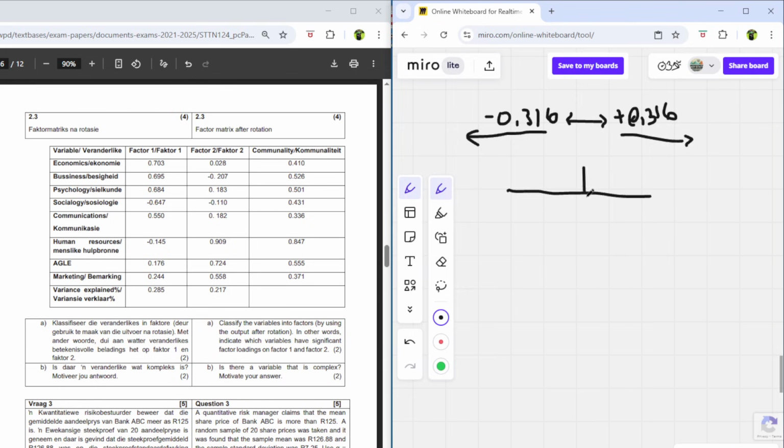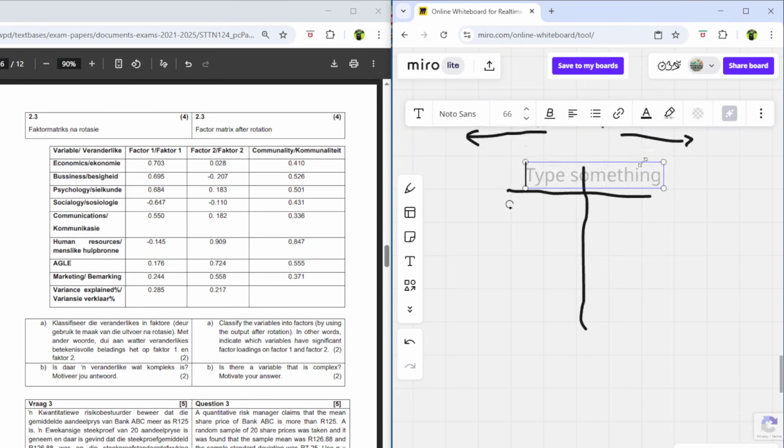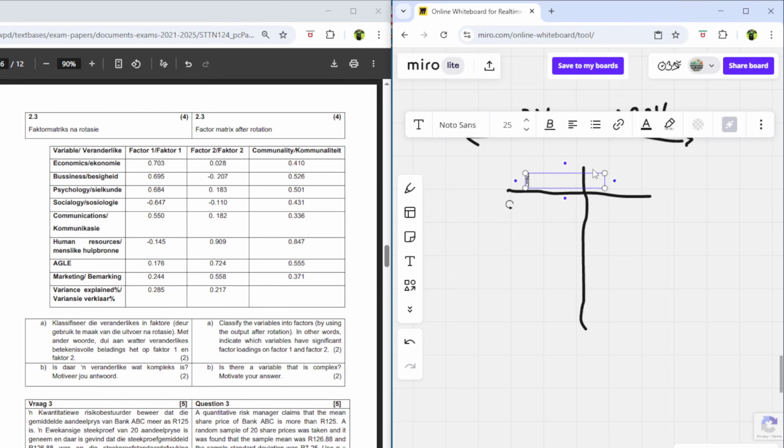So if you want to classify them, you're going to draw a table like this, and here you're going to say factor 1, and on the other side, factor 2.